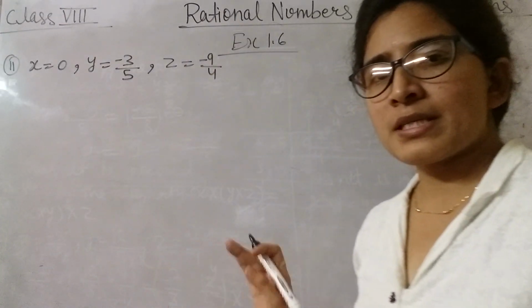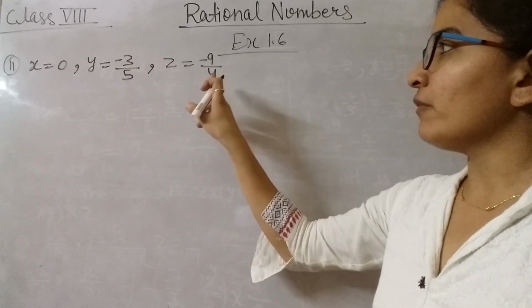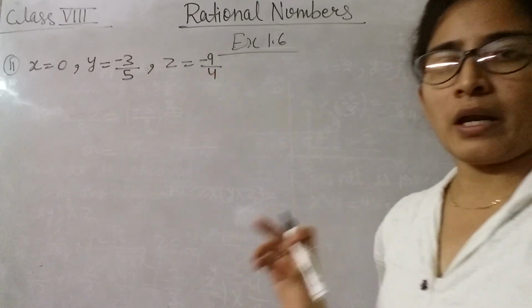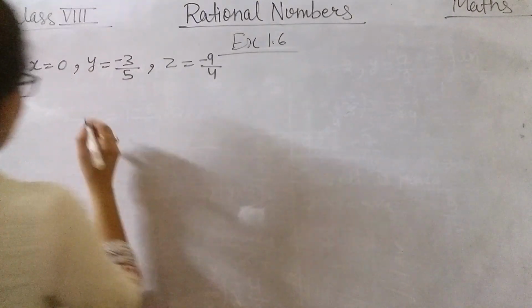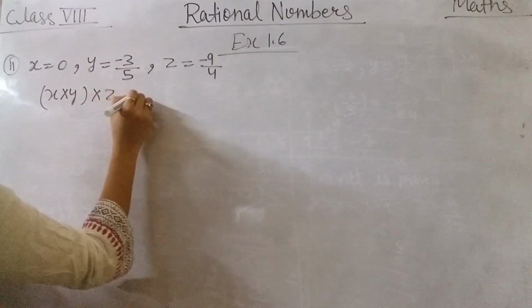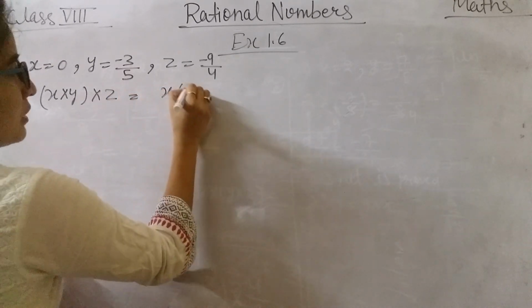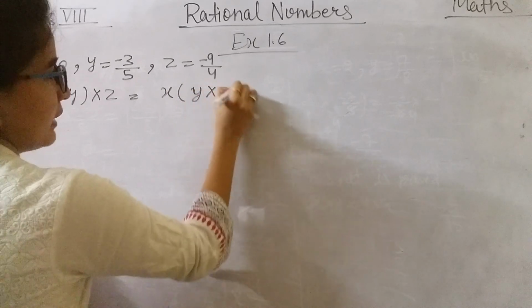Now we have question number 2, that is x is 0, y is minus 3 upon 5 and z is minus 9 upon 5, and we have to prove x into y into z is equal to x into y into z.